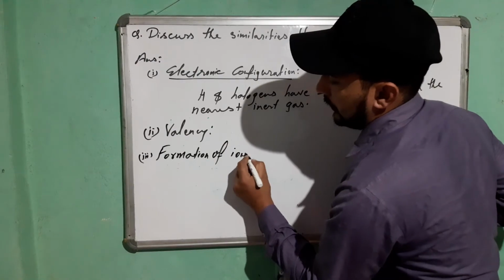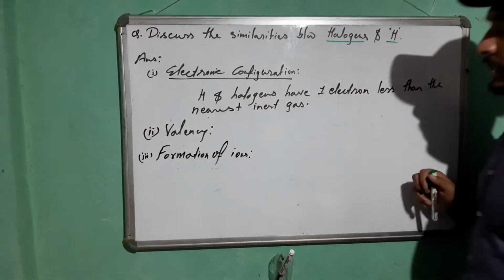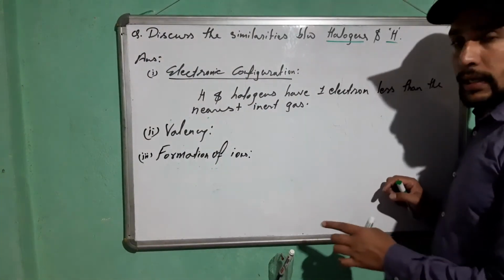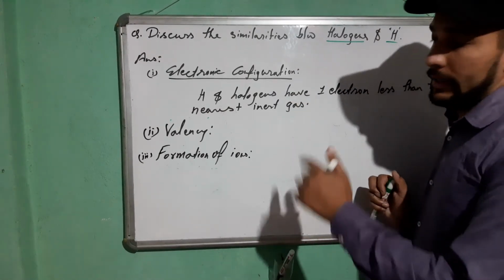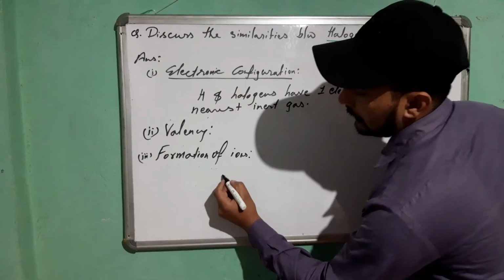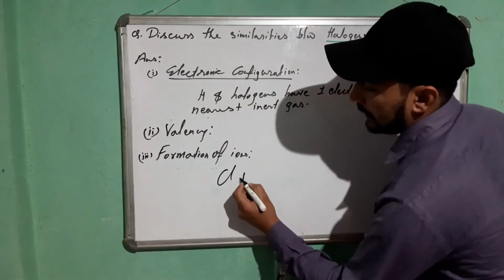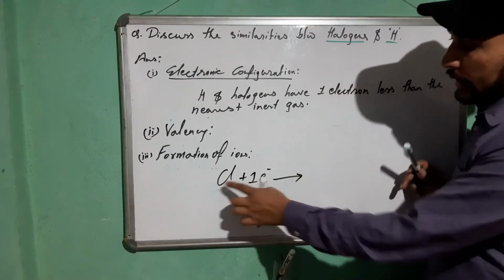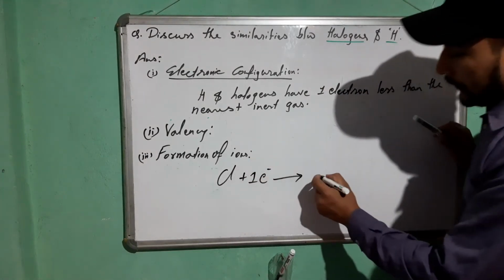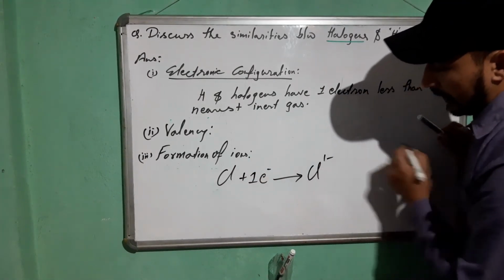Next, number 3, formation of ions. Like halogens, hydrogen also forms uni-negative ions. For example, chlorine accepts one electron and forms the chloride ion, Cl minus.